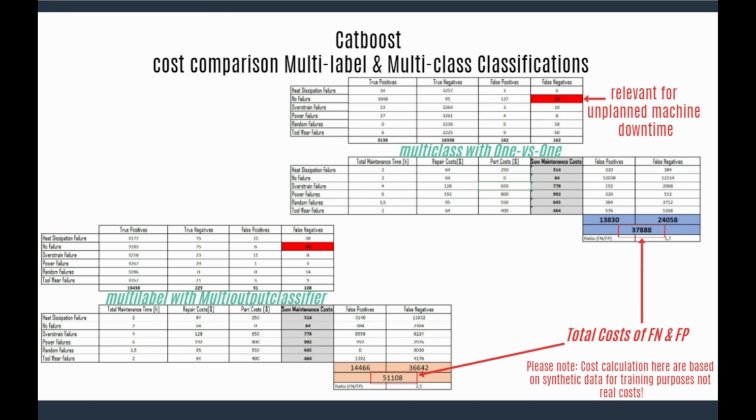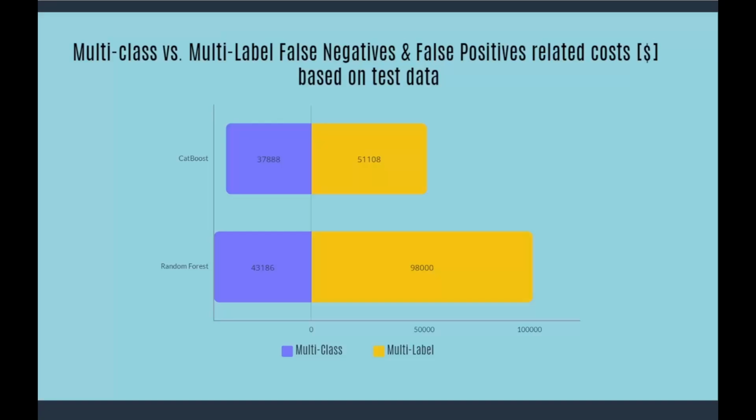Unplanned production downtime due to undetected failures is critical for business and also for the reliability of machine learning-based predictive maintenance. In our calculations, the CatBoost algorithm was one of the cost-optimal multi-class classification models, and the random forest trained classifier was also very cost-optimal.